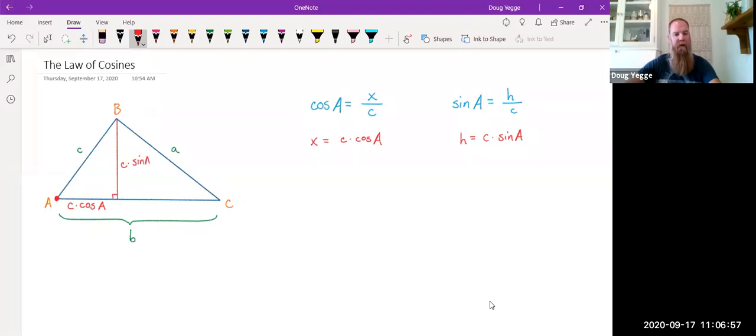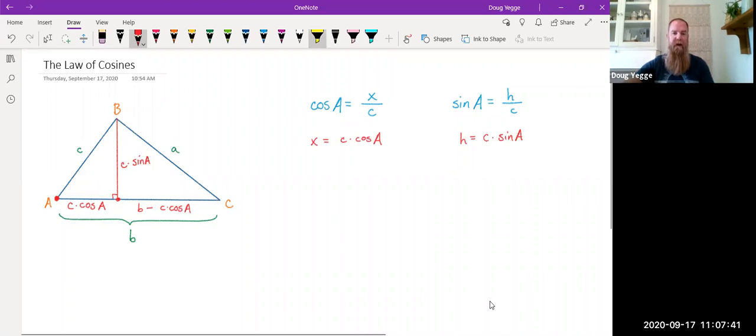And so if the radius or the hypotenuse is C, then I just simply multiply the X coordinate of cosine times C, and I multiply the Y coordinate of sine A also times C. All right, well, if the entire base is considered B, then that would mean that this piece right over here is going to be B minus that length of C cosine A. And now we should realize that every piece of this diagram is in terms of the sides A, B, and C, as well as the angles A, B, and C.